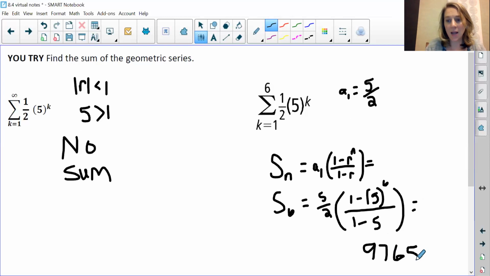So you can see this is a big number. It is growing, right? And so I can try that one more time just to double check. 5/2 times parenthesis 1, I kind of do a sub parenthesis, 1 minus parenthesis 5 parenthesis to the 6th.